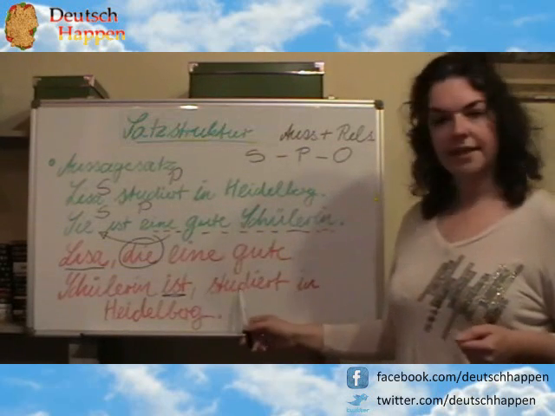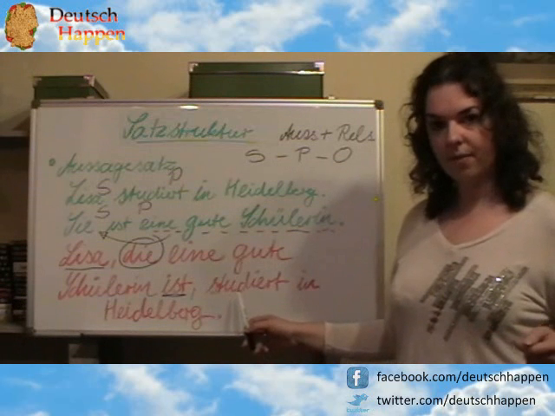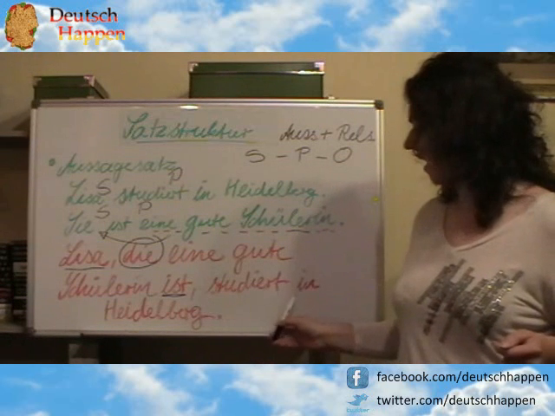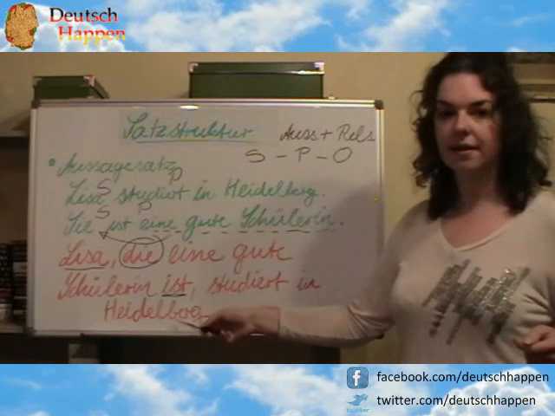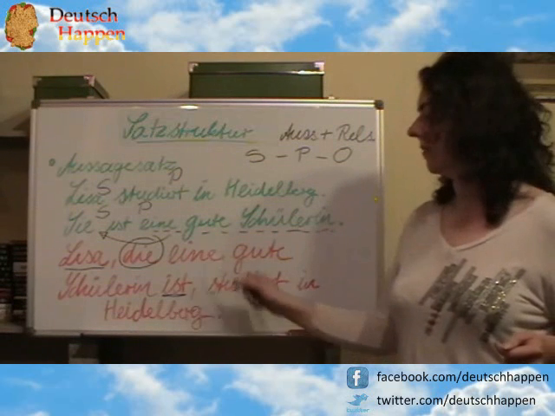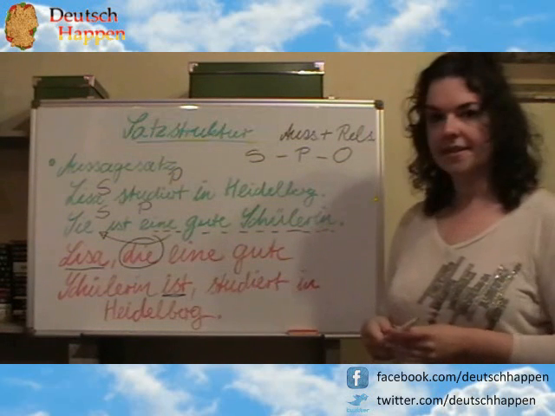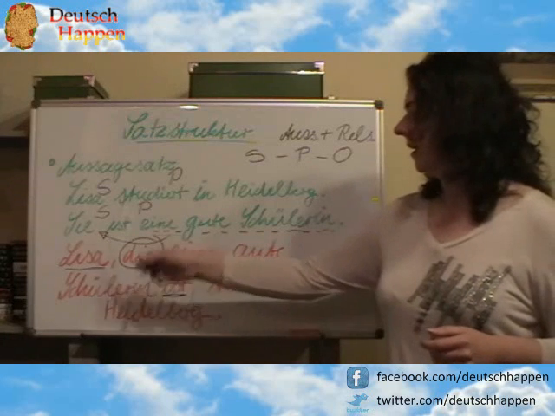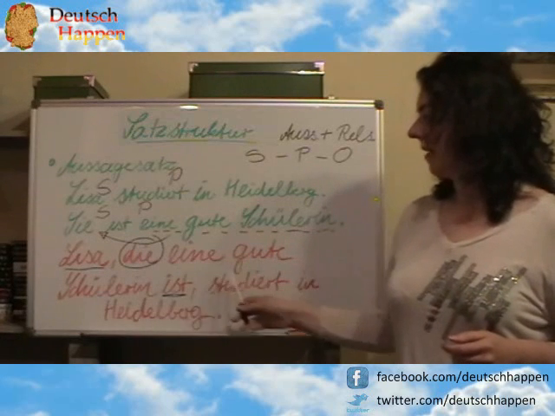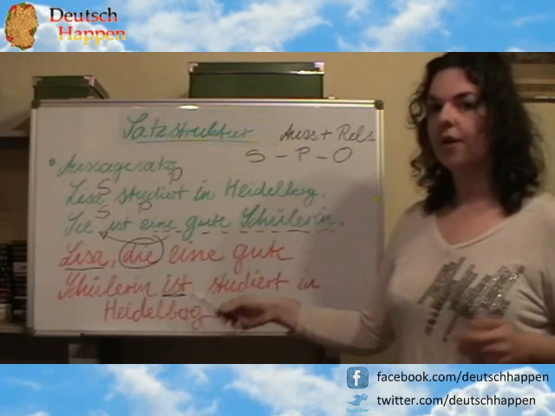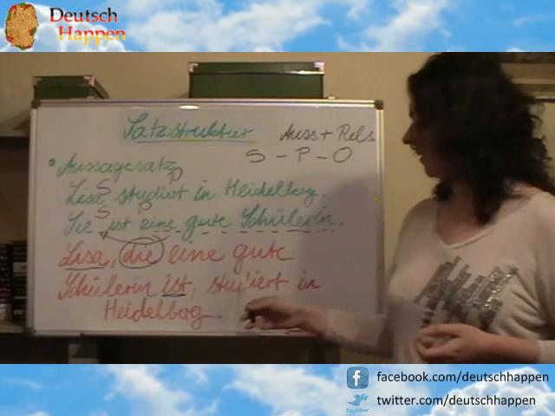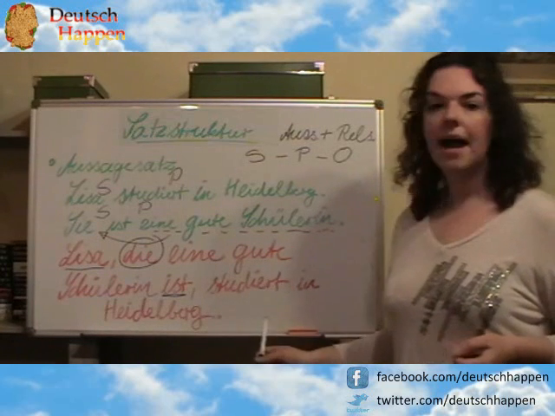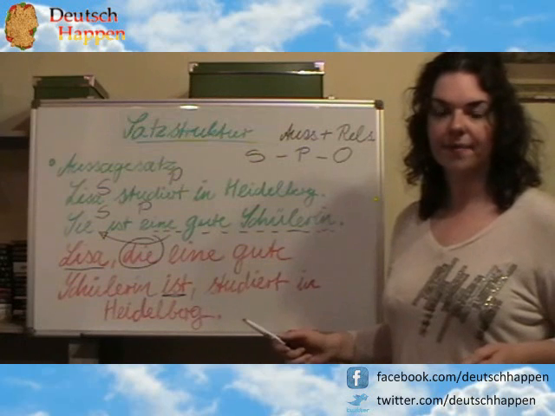So we continue, of course, with the verb: studies in Heidelberg. Good. So once again, the sentence as a whole: Lisa, die eine gute Schülerin ist, who is a good student, studiert in Heidelberg, studies in Heidelberg.